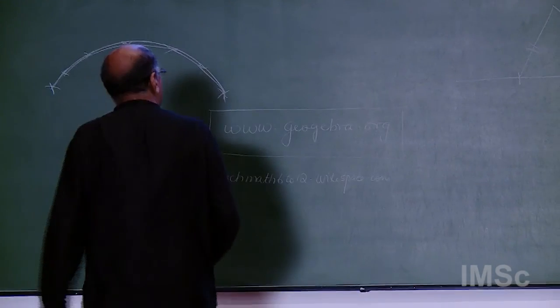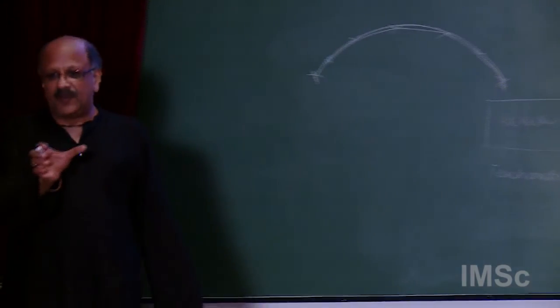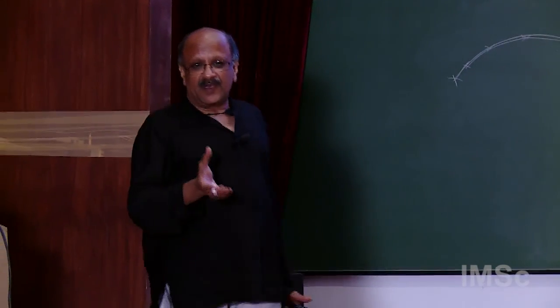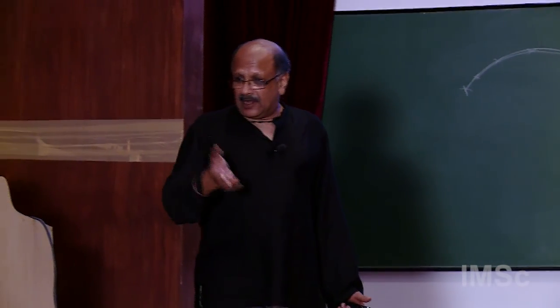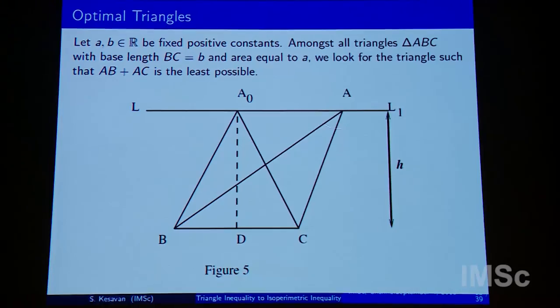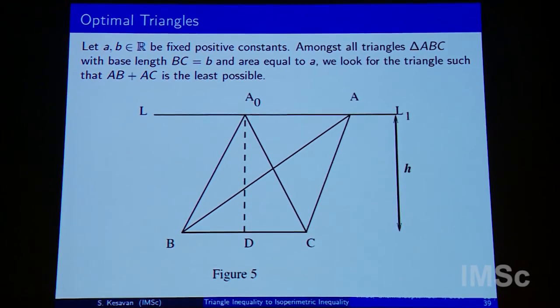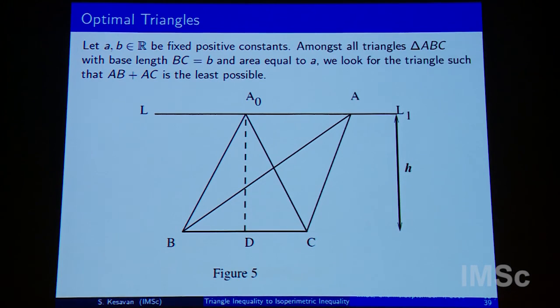So we are looking for all possible triangles ABC such that BC is fixed, the area is fixed, A alone should vary. And how should we choose the point A? The vertex can only move on this line. If all triangles have the same area and the same base, the vertex will have to be forcibly on this line.